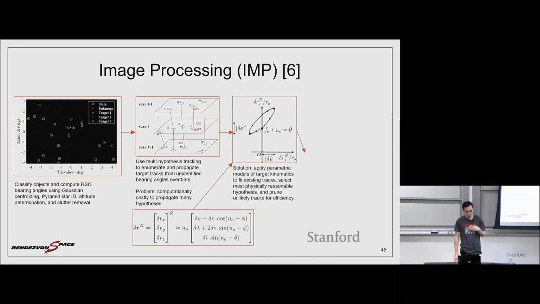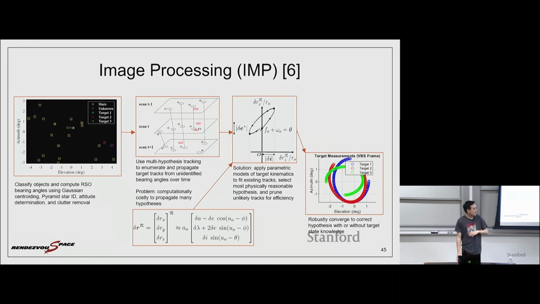So what we do is we say we have a good idea of how swarm targets for the context of Star Fox should be behaving in the frame of the camera, in that they should have these closed relative motion ellipses based on, say, relative orbit elements. We can use these expectations to choose the most likely hypotheses for how these angles are getting assigned to targets.